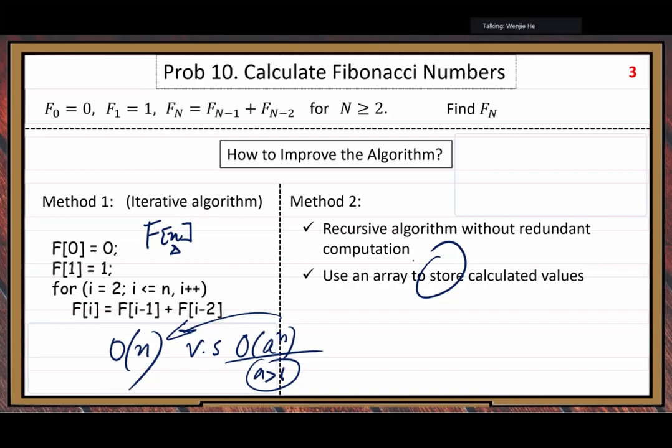The extra cost is very little. We just use an extra array to store all the calculated values. That's the extra cost we pay, but the reward is that all the redundant calculation is gone.